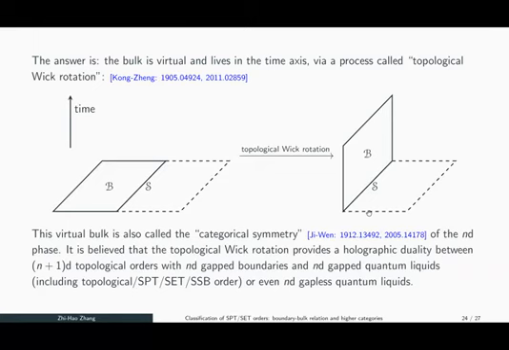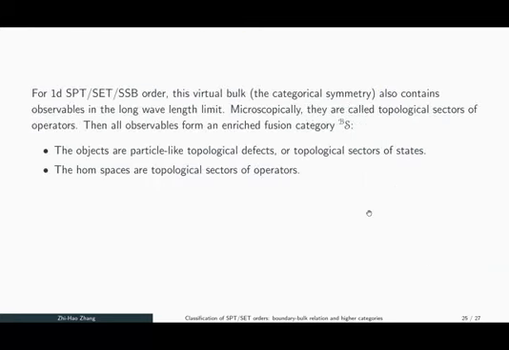And even the gapless quantum liquids can be included in this process. For 1D SPT, SET or spontaneous symmetry breaking orders, this virtual bulk also contains observables in the long wavelength limit. So microscopically, they are called topological sectors or operators.